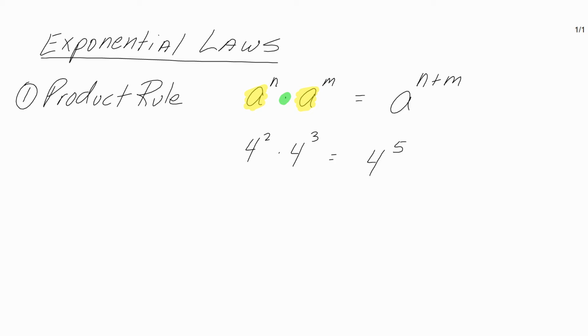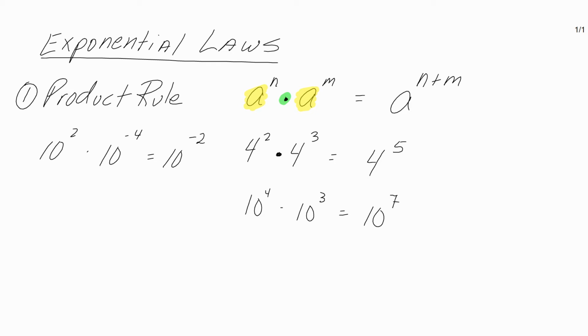So anytime we're multiplying terms and the bases are the same, 10 to the fourth times 10 to the third is equal to what? 10 to the seventh. How about 10 to the second times 10 to the negative fourth? 10 to the what?